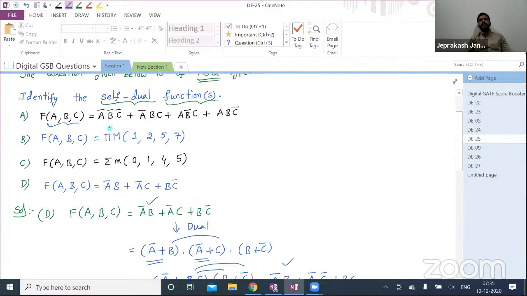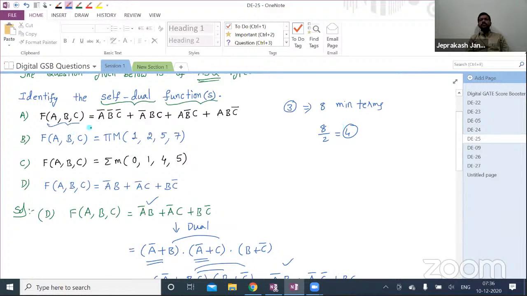And one more thing: when you're having three variables, how many minterms will you get? 8 minterms, right? Consider half of it, that means 8 by 2, that is 4.